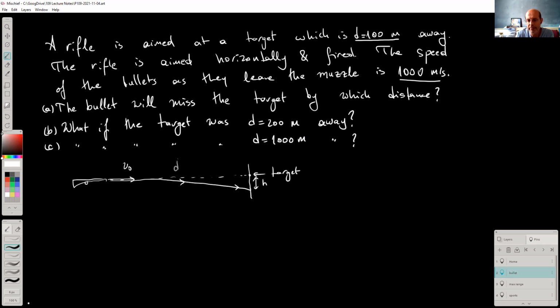So these are some typical values. The muzzle speed of the bullets for military rifles is around 1 kilometer per second. Ordinary rifles for hunting probably have a lower muzzle speed.